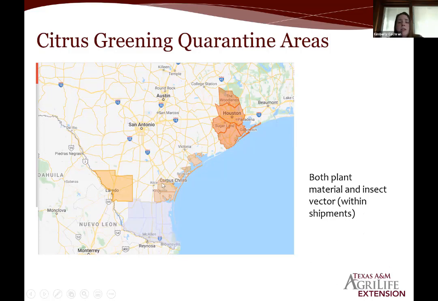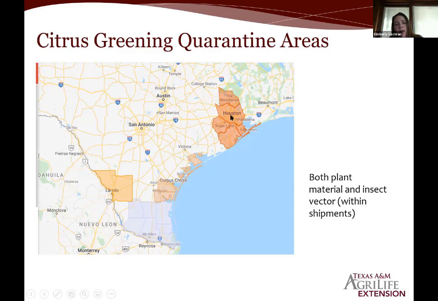So quarantine means that things within the area of quarantine that are citrus related cannot leave there without going through the proper channels and proper quarantine. And that includes plant material like cuttings or even rooted trees. Like if you buy a citrus tree in Houston, it has to stay within that quarantine area.